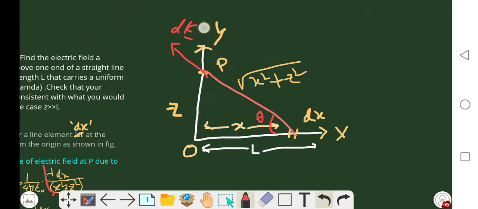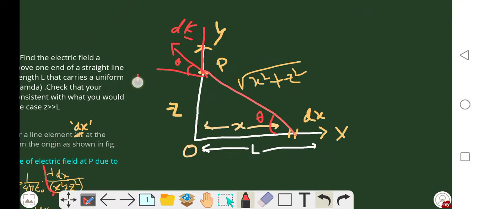So we divide it into two components. We know this rule, and this is theta, because this is the x-axis and this line makes theta with it, and this line is parallel to the x-axis, so this line will make the same angle theta with this line.